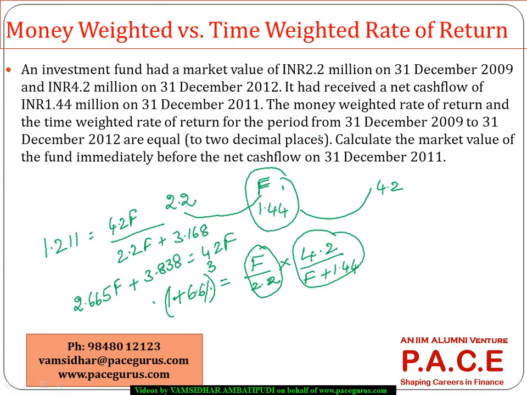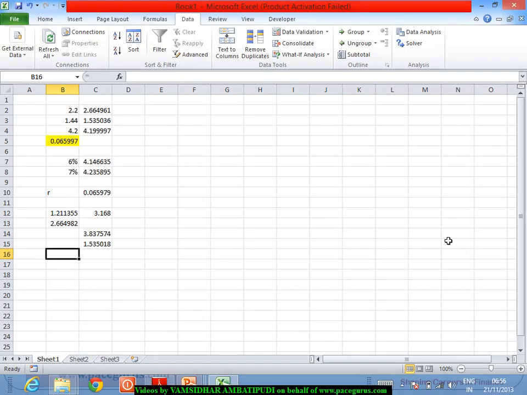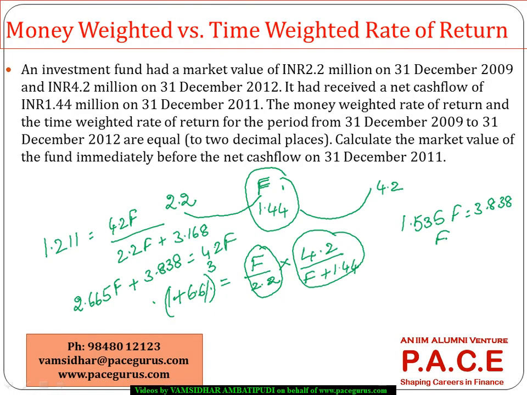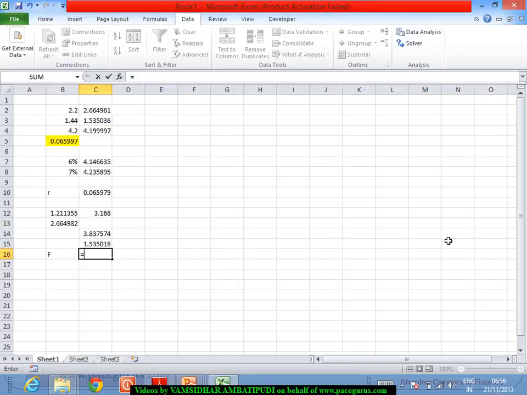So 1.535 F is equal to 3.838, resulting in F equal to that 3.8. So the fund value before the addition, because the question is about finding the value of the fund before the net cash flow, would be something like this divided by this, working out to approximately 2.5 million.